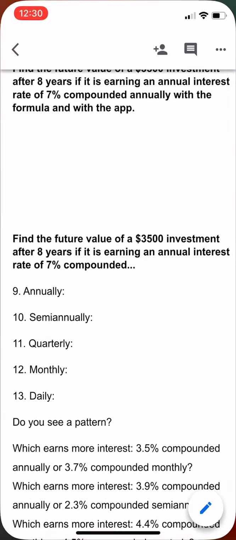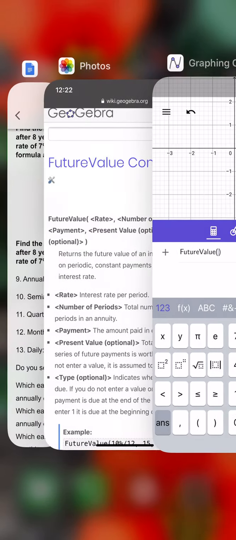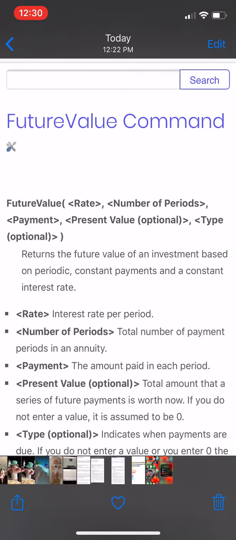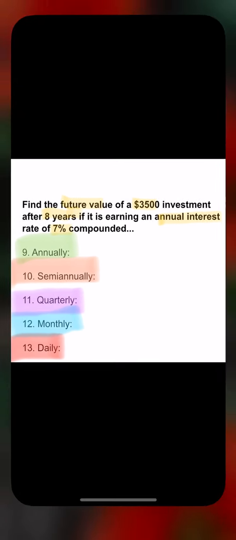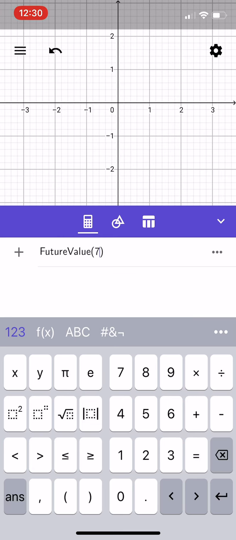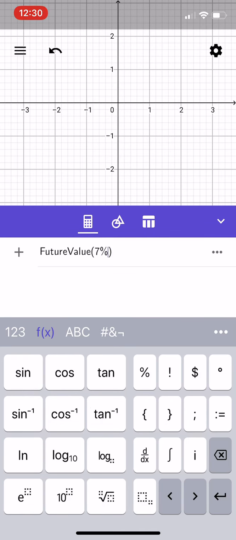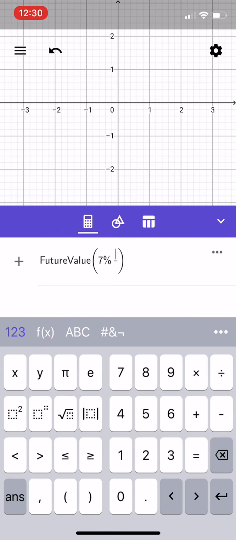So remember, let me get back to my pictures. This is our problem. So we want to put in 7% for the interest rate. So I'm going to put 7, and I do want to put the percentage sign. So I have to click on this f of x, and there's my percent. We're going to divide that by 1. Never mind.